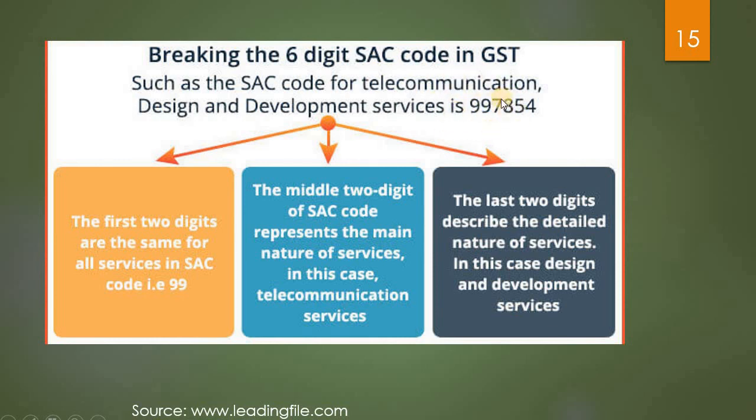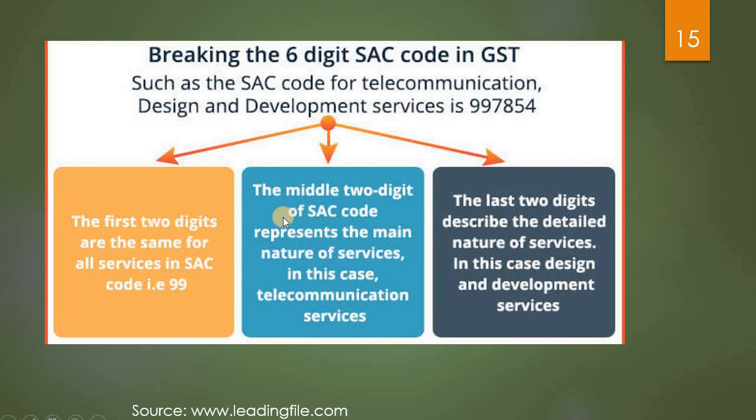This 78 describes the telecommunication service. Then 54 is for the services which are there in telecommunication. Now the first two digits are the same for all services in the SAC code, that is 99 for services, as we saw in the legal service also.